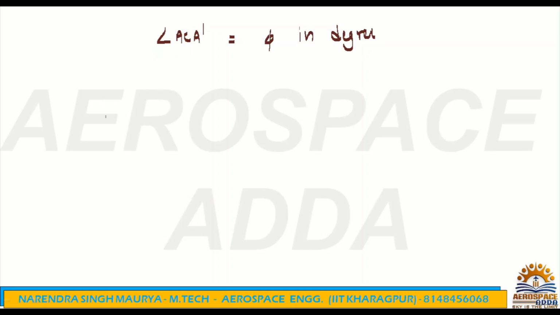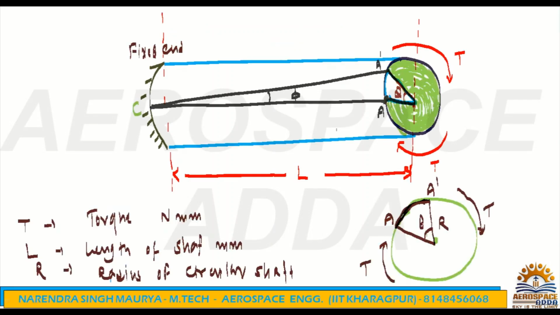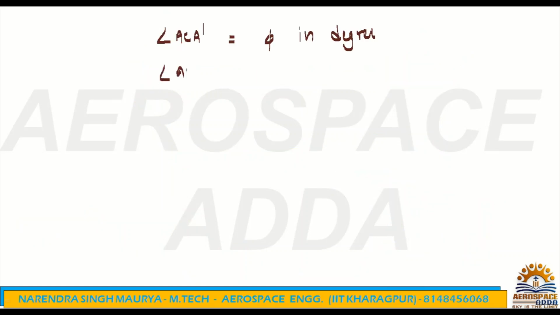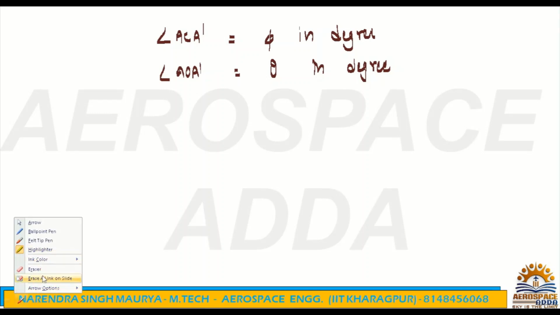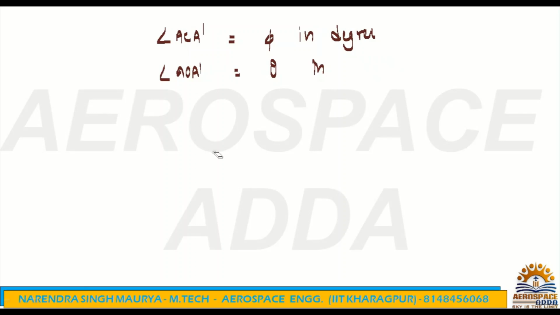And then another angle, AOA dash, where this is O. It's nothing but theta in degrees, or you can take it in radians too. I'll tell you why.